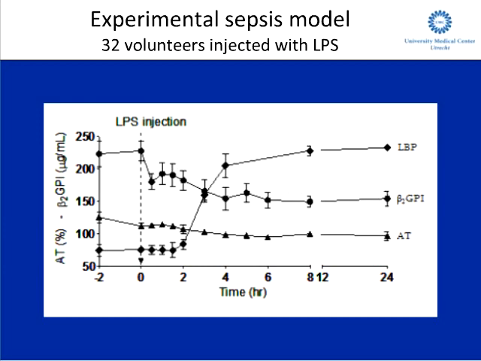If you take another protein with about the same molecular weight and about the same concentration, nothing happens. And if you take, for example, LPS binding protein, it stays at the same level and goes up later on. So it's a very specific drop in the beta-2-glycoprotein 1 levels at the beginning after injection of LPS.